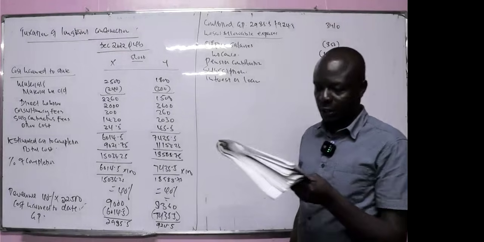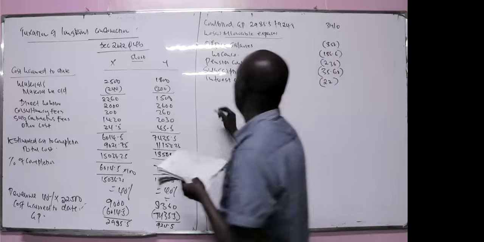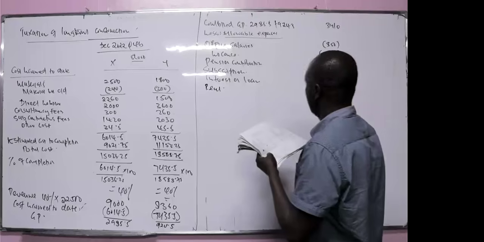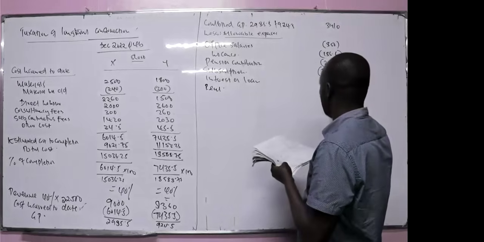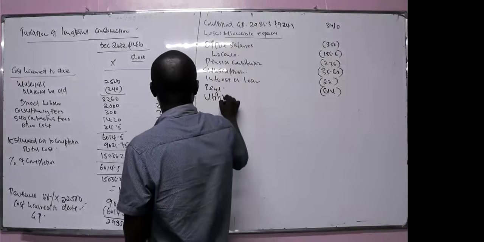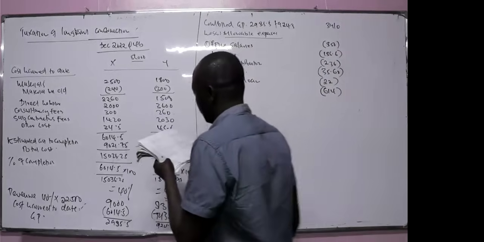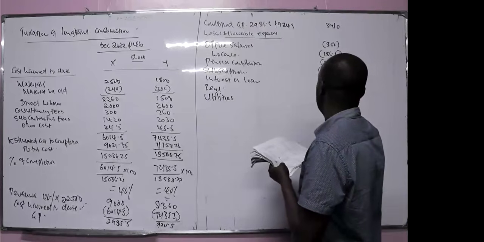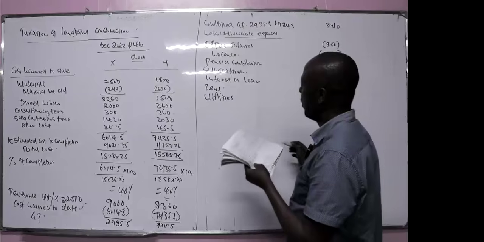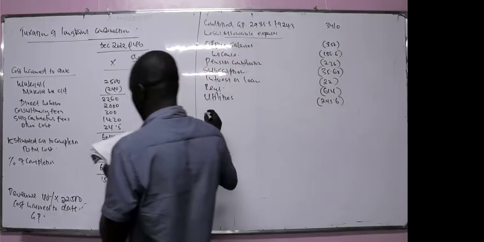And then next one is rent, allowable, isn't it? How much is it? 614. Then we have utilities, 245, 2.5.6, isn't it? And then we less investment allowance.